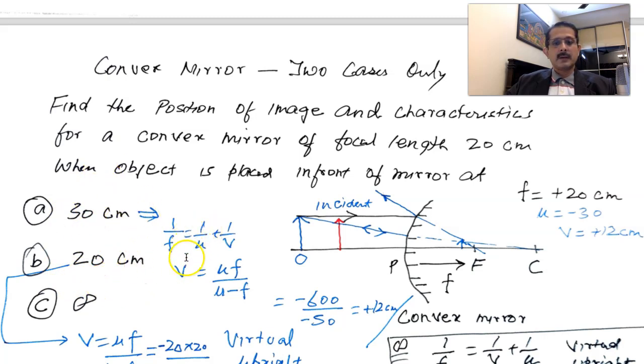So let's get started. The ray diagram of this, when the object is at either of these two points, would be something like this.